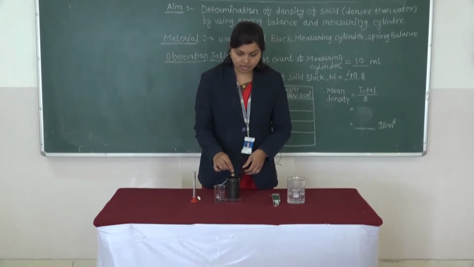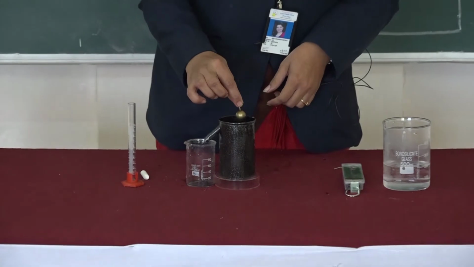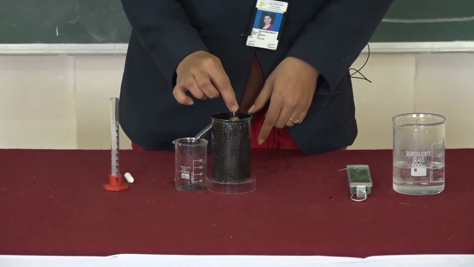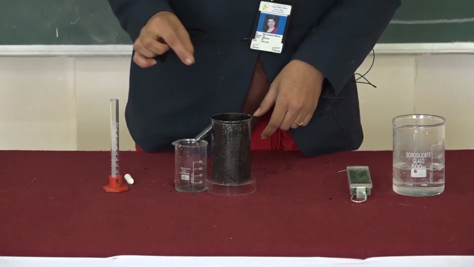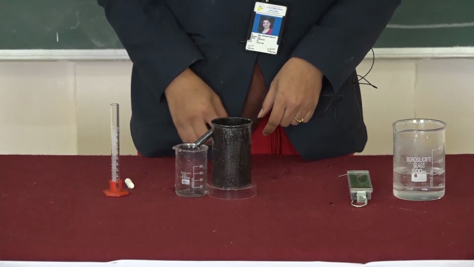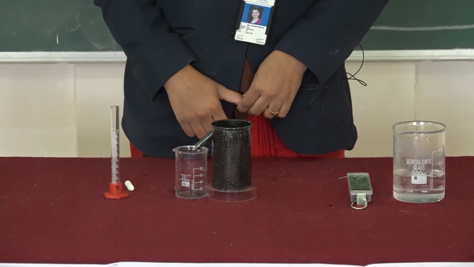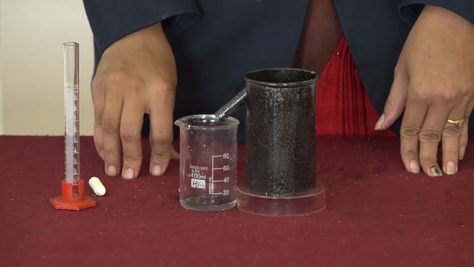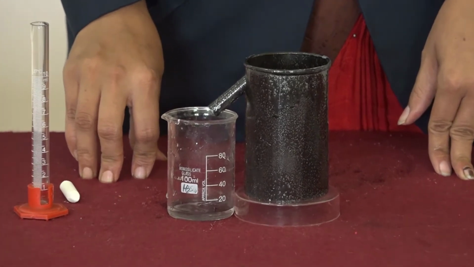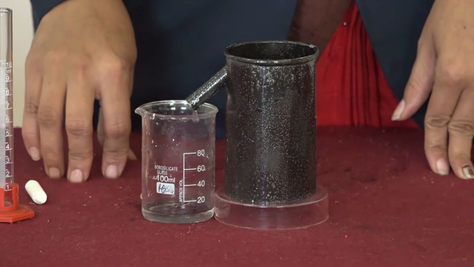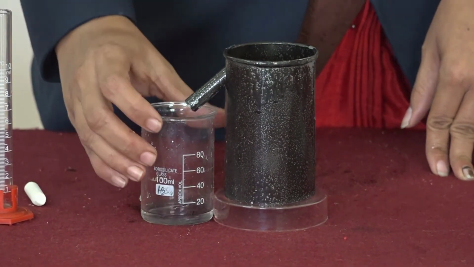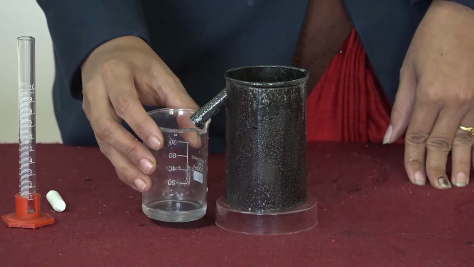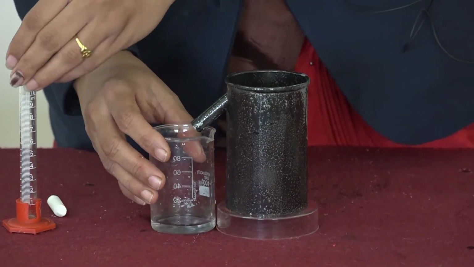Now gently place this solid block into the overflow can and collect the overflow water in a beaker. And now measure this collected water with the help of measuring cylinder.